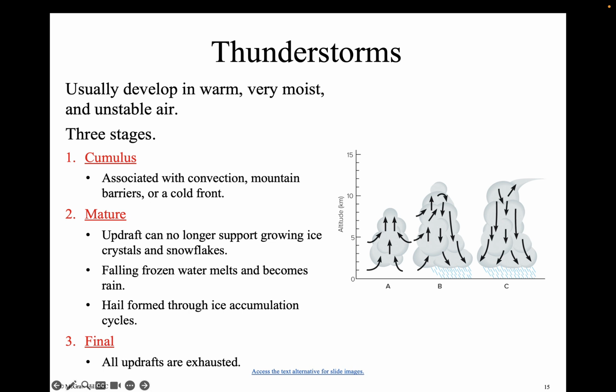Okay. Usually thunderstorms will develop in warm, very moist and unstable air with something moving that parcel of air upward. And we already discussed the factors that can move that parcel of air upward. It can be convection, it can be a mountain range, for instance. Okay.